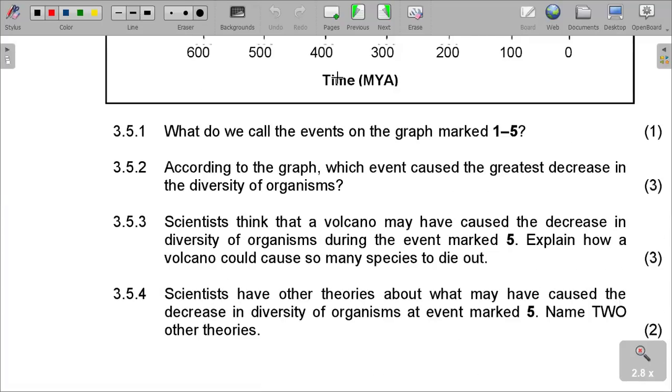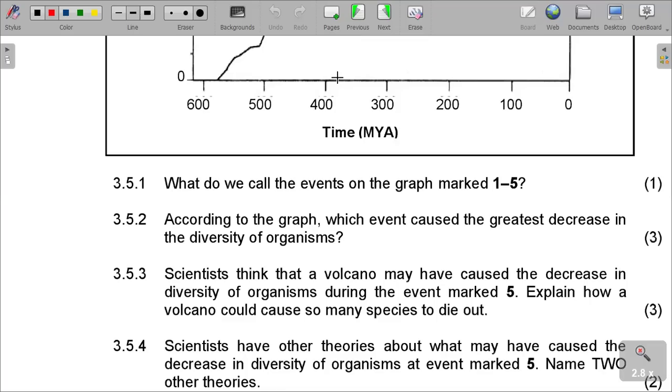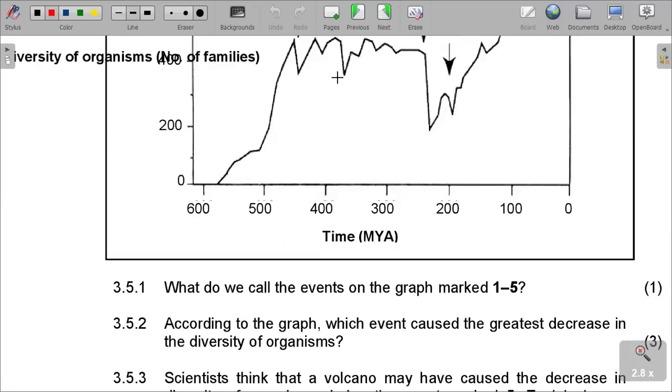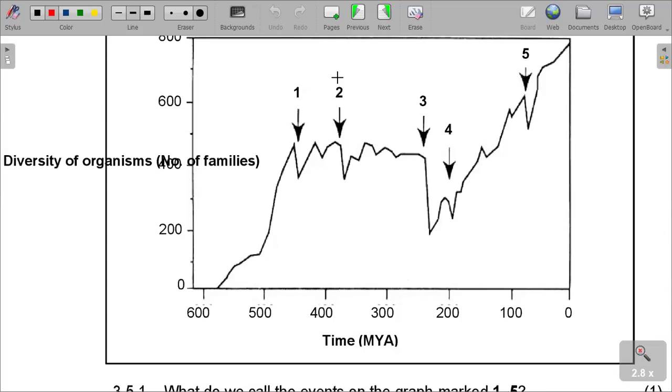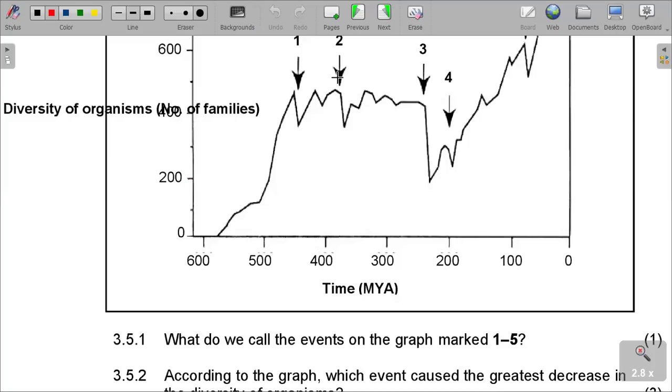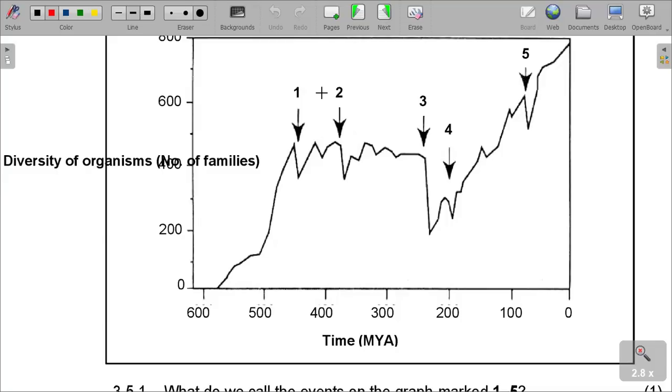The first question is asking, what do we call the events on the graph marked 1 to 5? What are those events called?